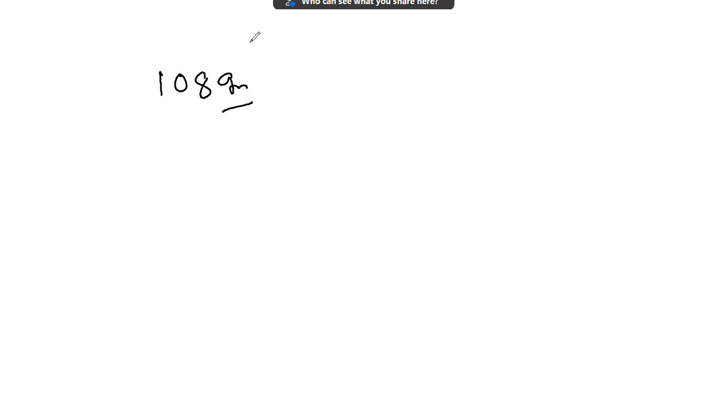The ratio of carbon to hydrogen to nitrogen is given as 9 is to 1 is to 3.5. So out of 13.5 gram, 9 gram is the mass of carbon, 1 gram is the mass of hydrogen, and 3.5 gram is the mass of nitrogen.